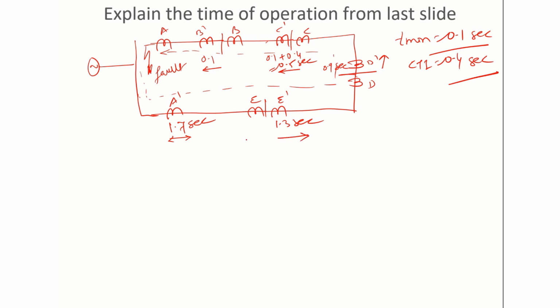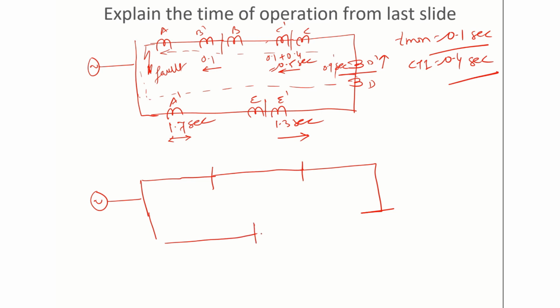Now we will consider the second condition, in which we consider that this point is open and this point is closed. So I will just draw it again. So now this point I have considered closed. I will draw the bus B, bus C, bus D, E, and then I will close.